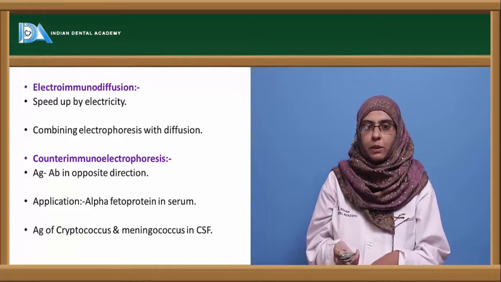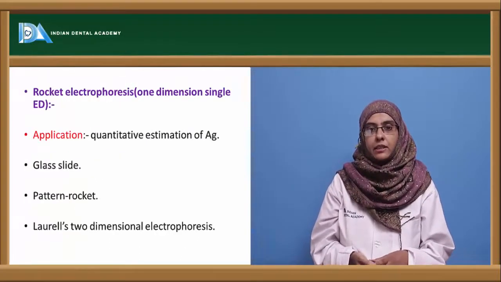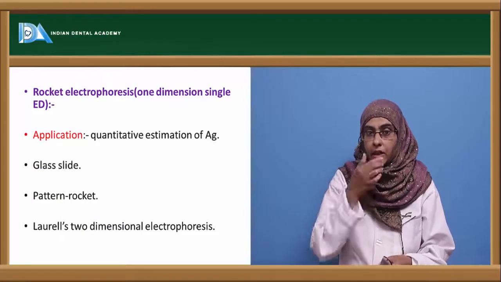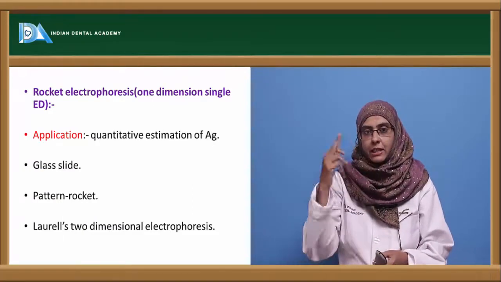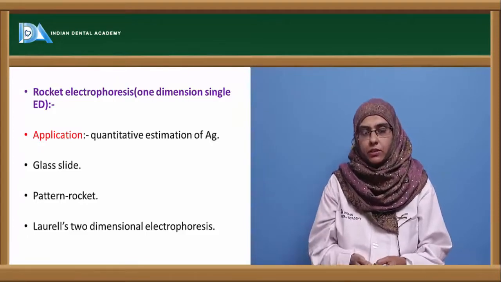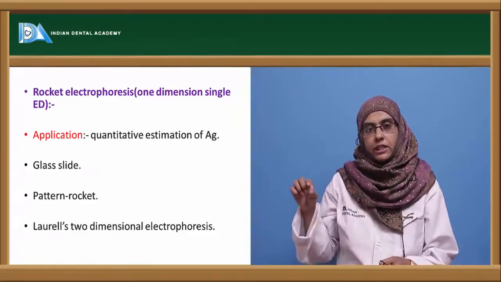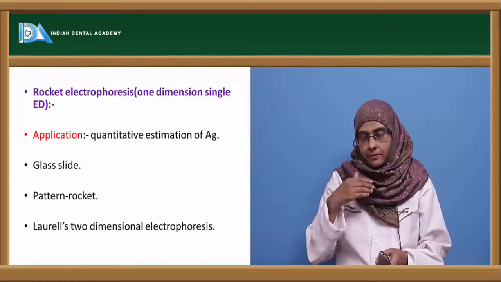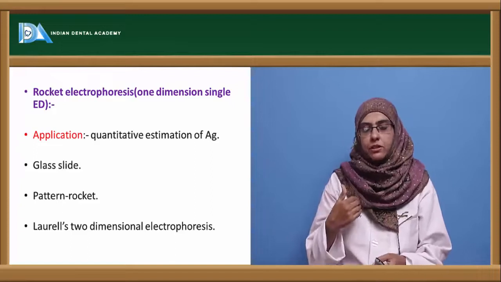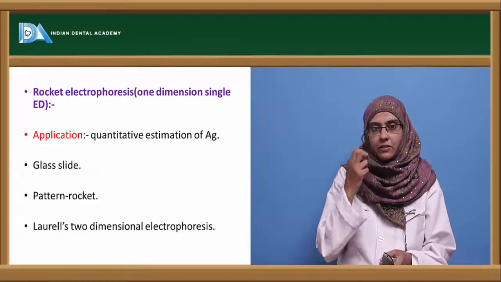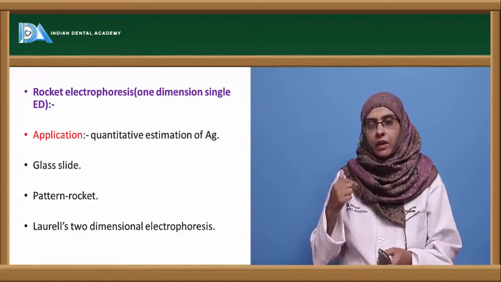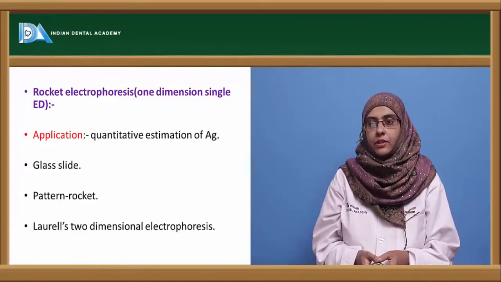meningococcus in cerebrospinal fluid. The next modified form of this electroimmunodiffusion is rocket electrophoresis, where the distinct band is usually seen in the form of a rocket, hence the name. Here increasing concentrations of antigens are placed in wells in a gel containing the antibody and allowed to diffuse in the presence of an electric field. So the band is in the form of a rocket, and hence it is called rocket electrophoresis.